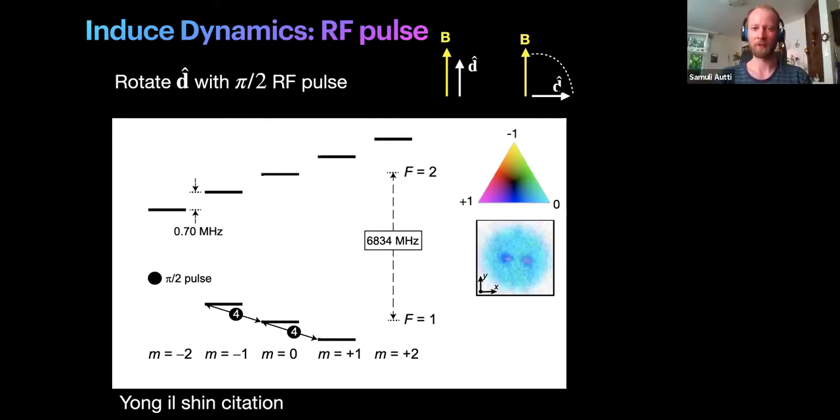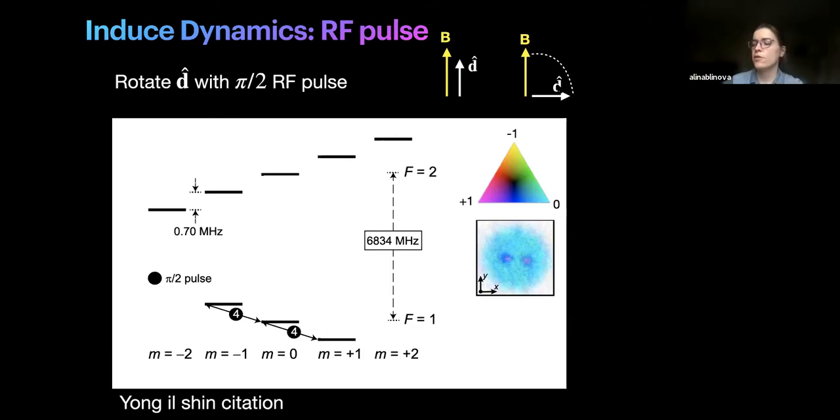So actually, there are two. I don't know if it's the same in superfluid helium. We call them easy axis polar and easy plane polar, depending on whether your director is aligned or perpendicular with the field.